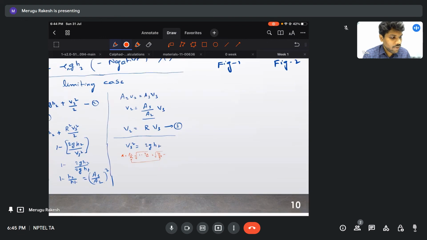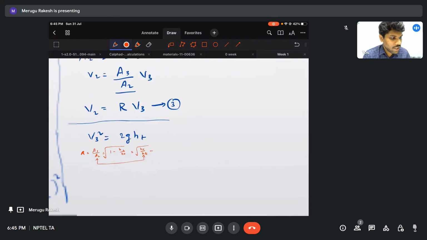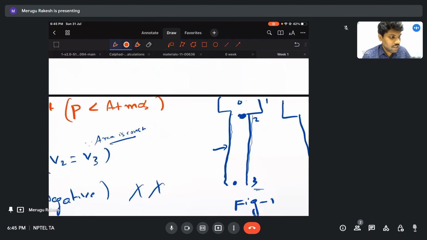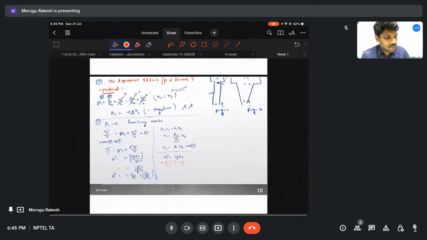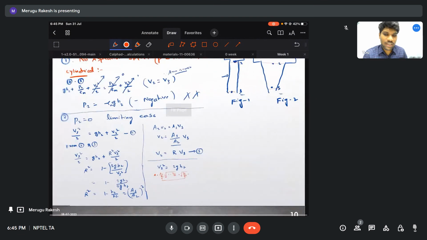I have done this example to show you that the areas are not varying linearly. The areas at 2 and 3 are not the same, instead they are varying with respect to height. This is a very simple derivation that we can do ourselves to understand the concept of design of the sprue.